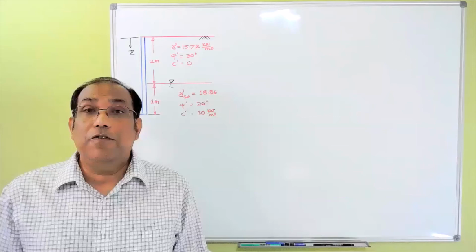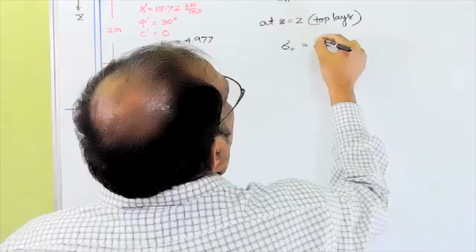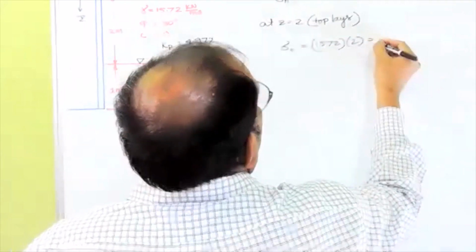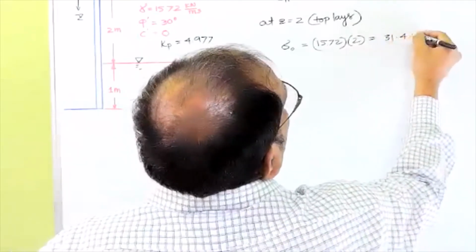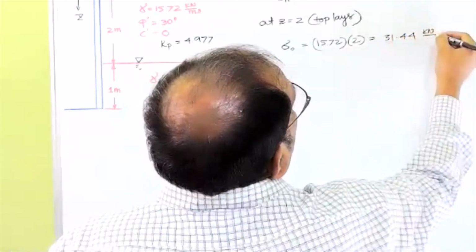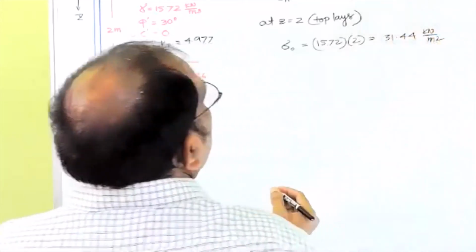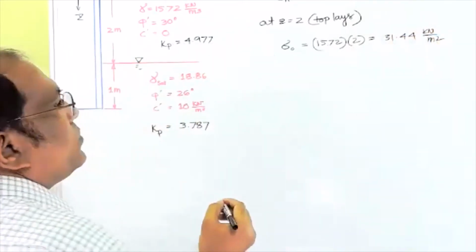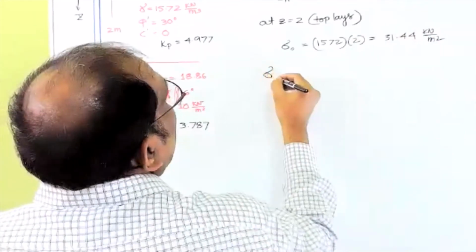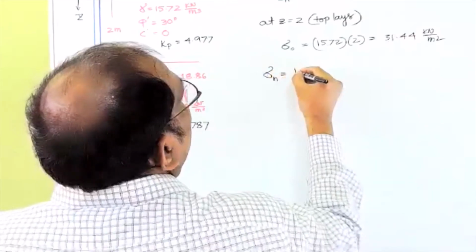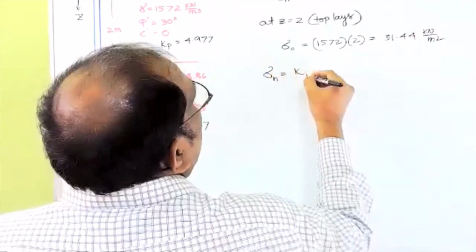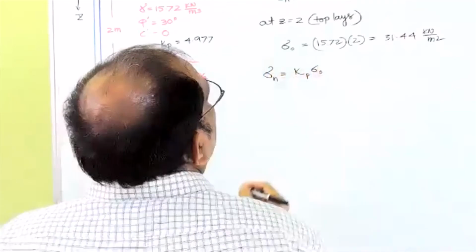At z equal to 0, your sigma is 0, so your sigma 7.2 multiplied by 2, that's actually 31.44. So according to Coulomb's formula, your sigma h is just your Kp sigma naught.